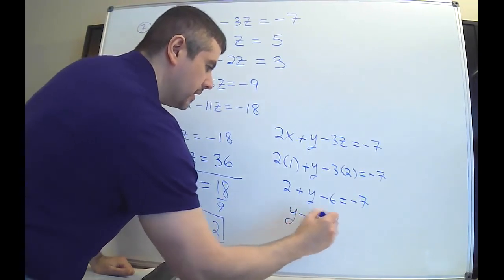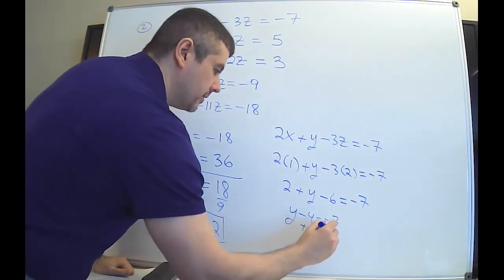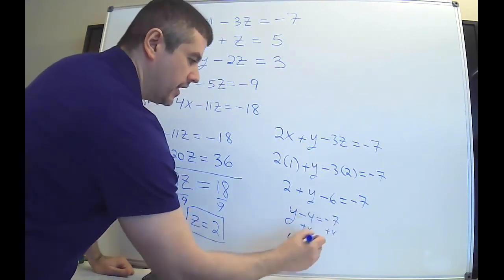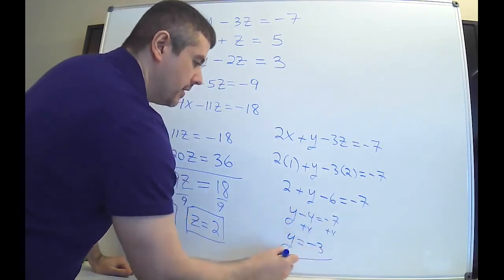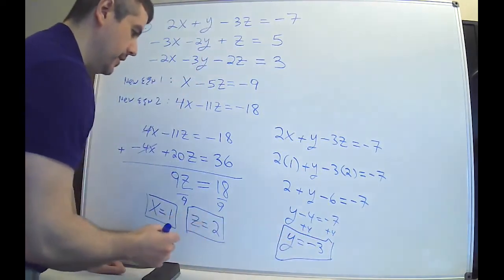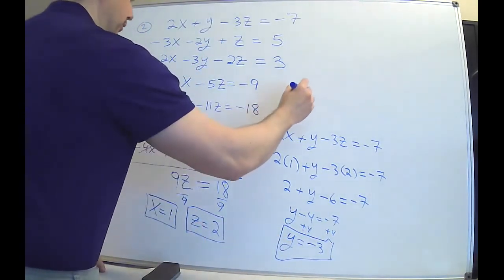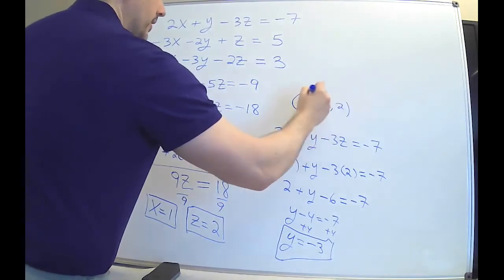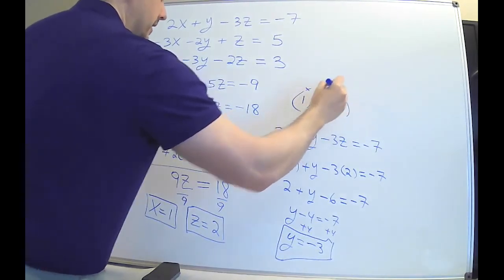Aha, I see what it's going to be. Now add 4 to both sides. So y equals negative 7 plus 4, negative 3. Well, there you go. So again, x, y, z is 1, negative 3, 2.